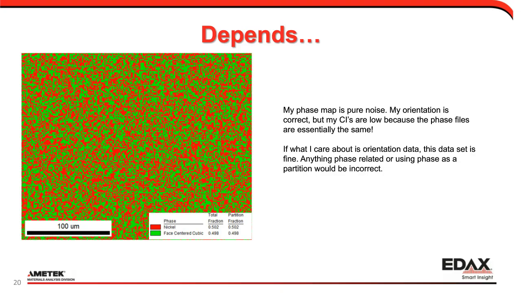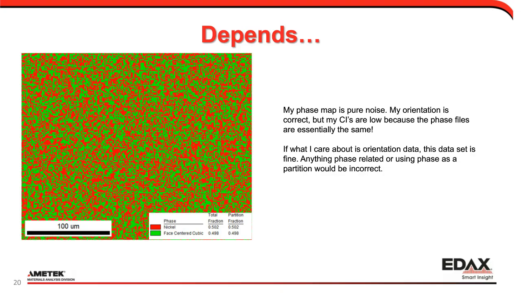Now, the question here is, is this data good? Well, my phase map is bad, but my orientation is correct. So I really have to think about what I am doing and what the purpose of this data is. If all I care about is the orientation data and general textures, this data set is fine. Now, if I was trying to say, okay, what are my phase percentages and does each phase have a texture?